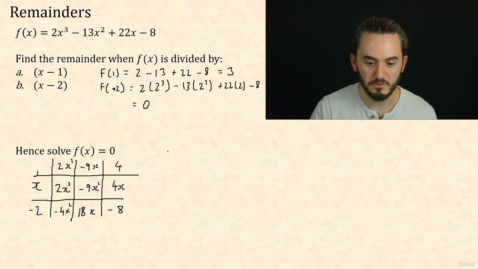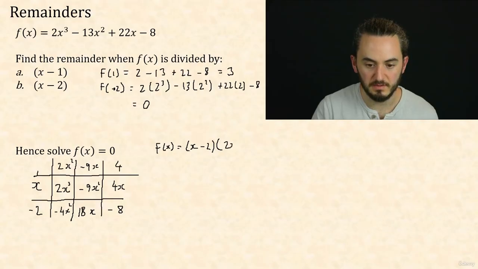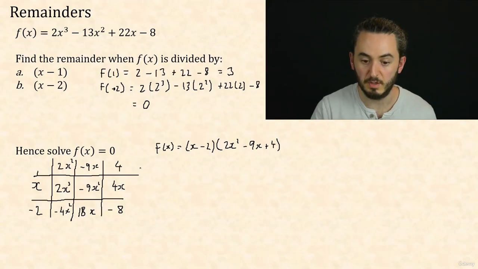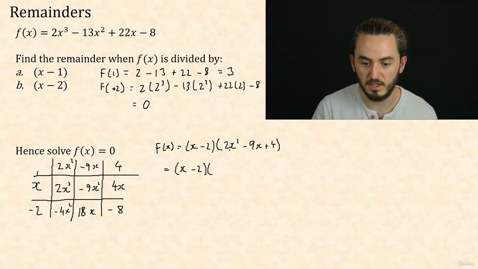So what I now know is that f of x is equal to x minus 2 multiplied by 2x squared minus 9x plus 4, because that was the top row here. So if I'm solving when it equals 0, I'm just going to do one more step of factorising. x minus 2, and then I factorise this last one.